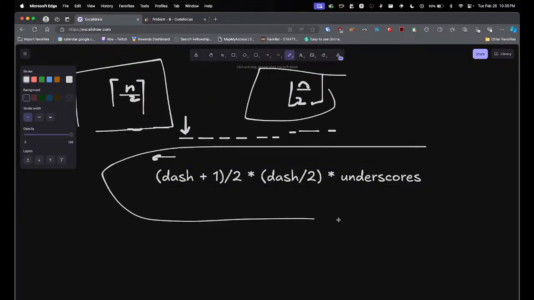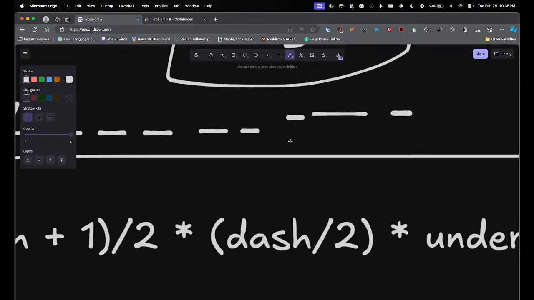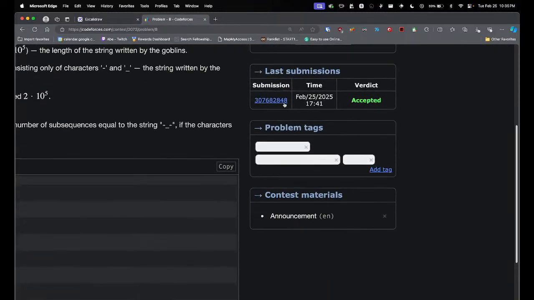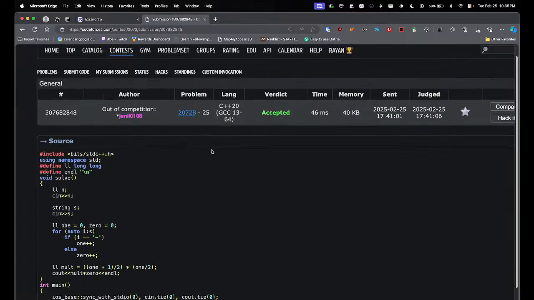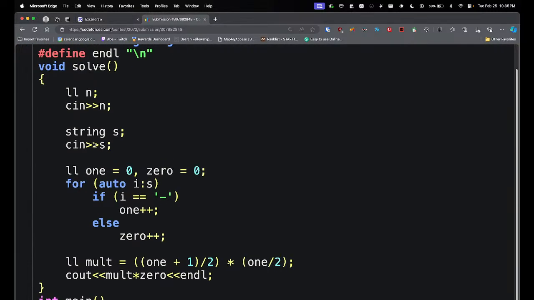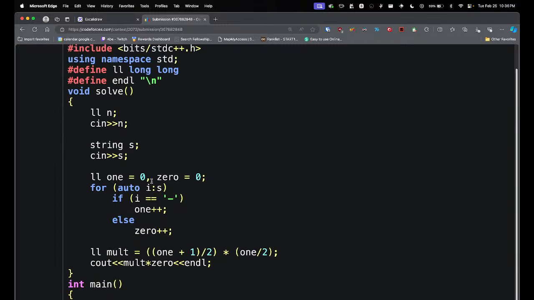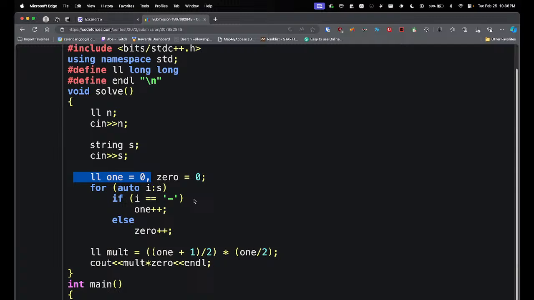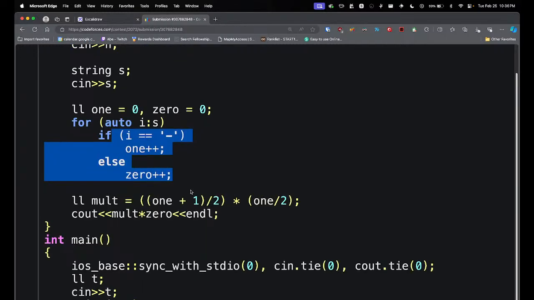You can get this by counting the dashes and counting the underscores and printing the answer. Looking at the code, ones is basically the number of dashes and zeros is the number of underscores here, and I just take ceil, floor, and then I multiply it with the zeros. So that is your answer.